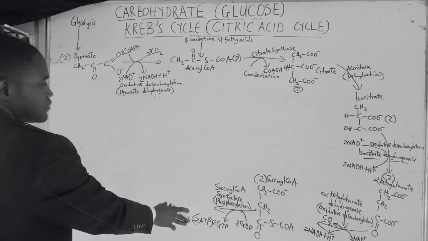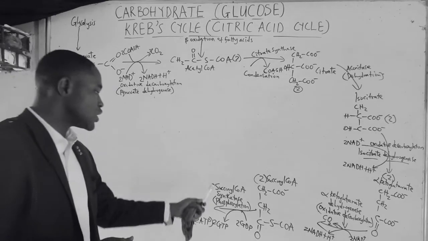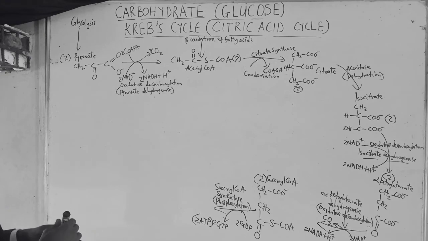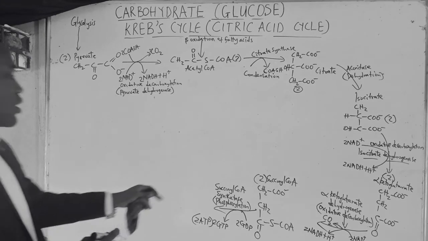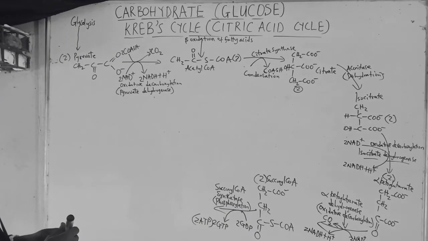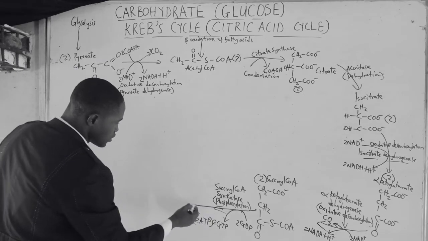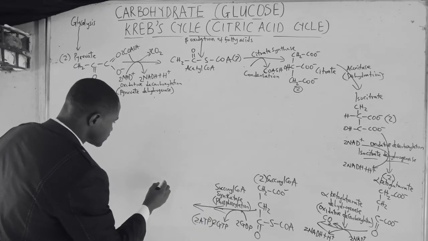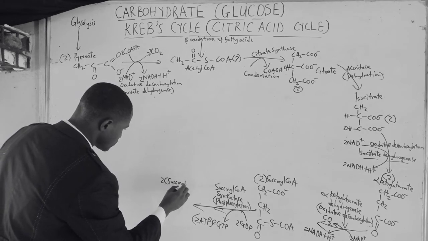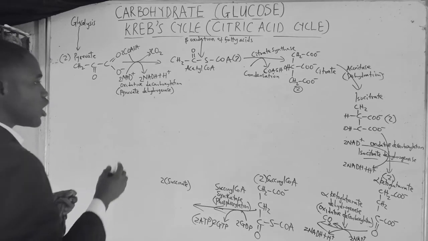So as it gives us this, by this enzyme called succinyl-CoA synthetase, as this acts on 2-succinyl-CoA, it will be producing succinate. So this will give us 2 molecules of succinate. Now, what is the structure of succinate?